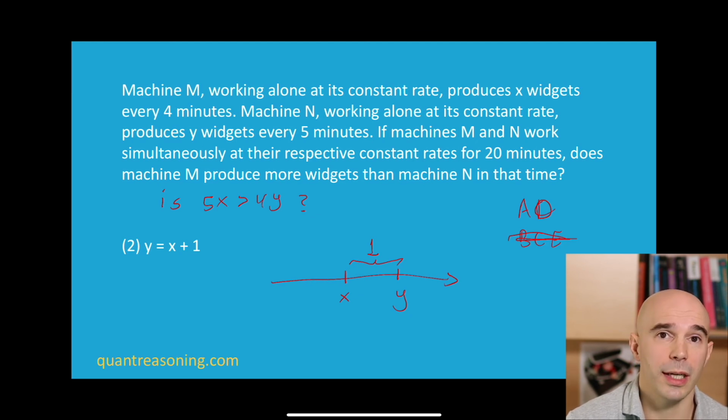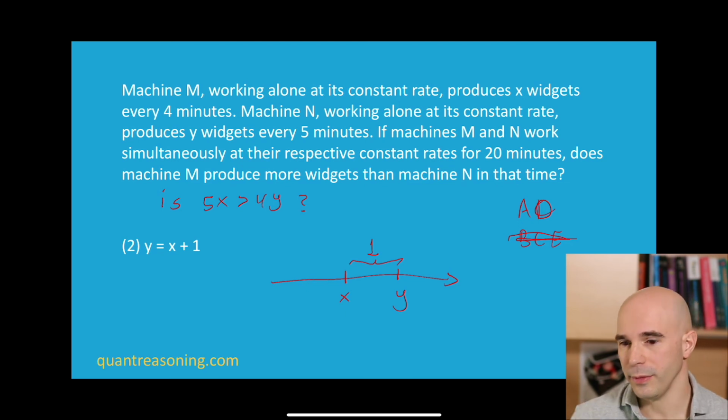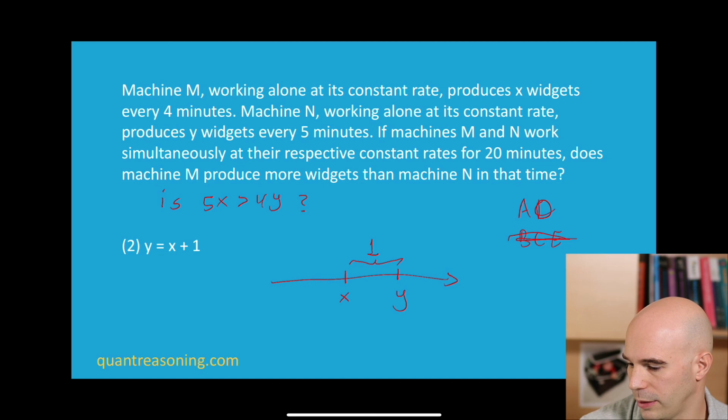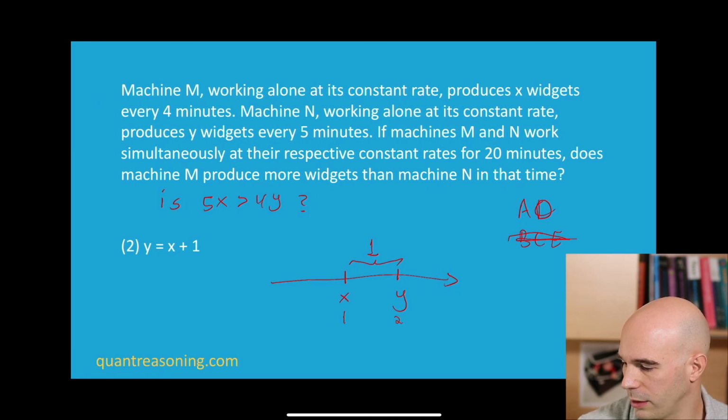I normally don't test cases. But when you have a limited number of possible cases, then sometimes you have to. And I would say, well, what if they're 1 and 2? If they're 1 and 2, then 5x, so put 1 here and 2 here, 5x is 5. Is that greater than, what's 4 times 2? It's 8. And that gives us a no.